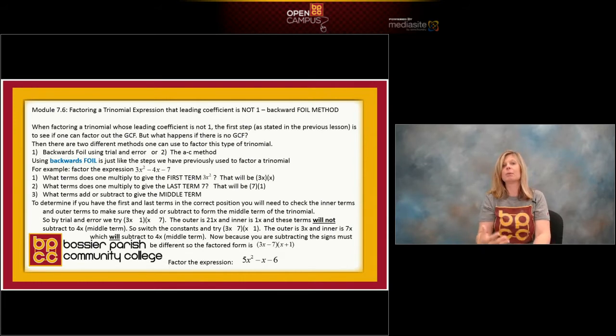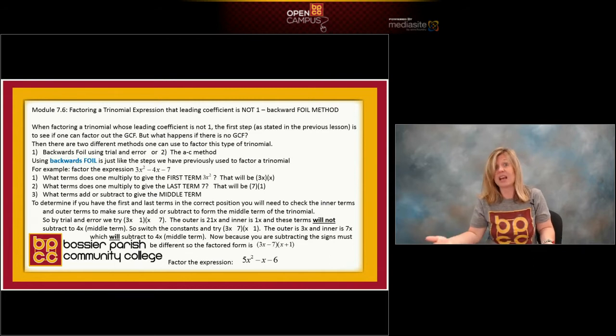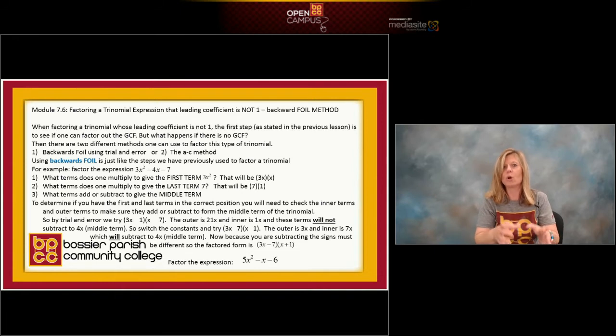It would be great if we could get that 3 out by dividing every term by 3 using the GCF rule. But can we divide every term by 3? No. We can't divide 4x by 3, and we surely cannot divide the number -7 by 3. So we're stuck with that coefficient of 3.